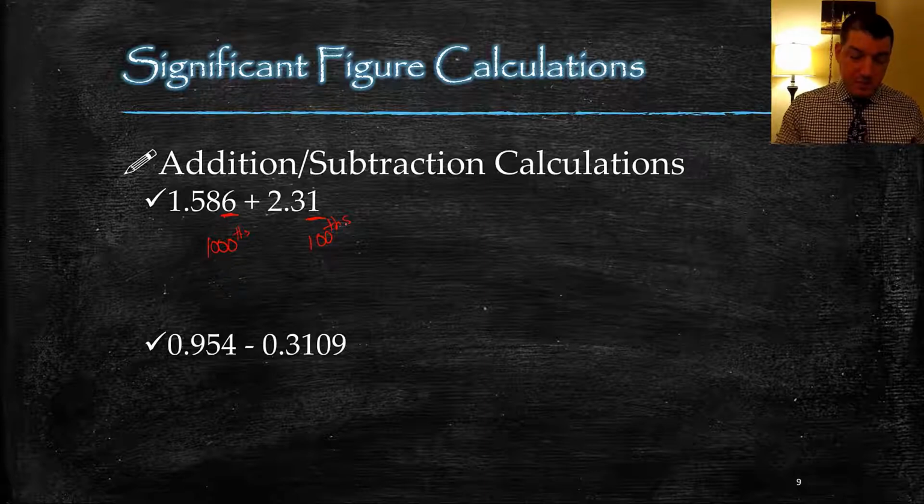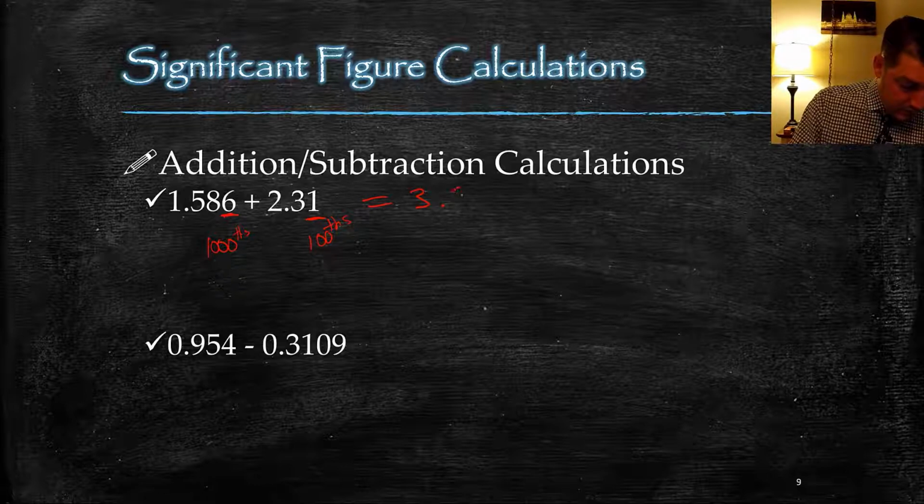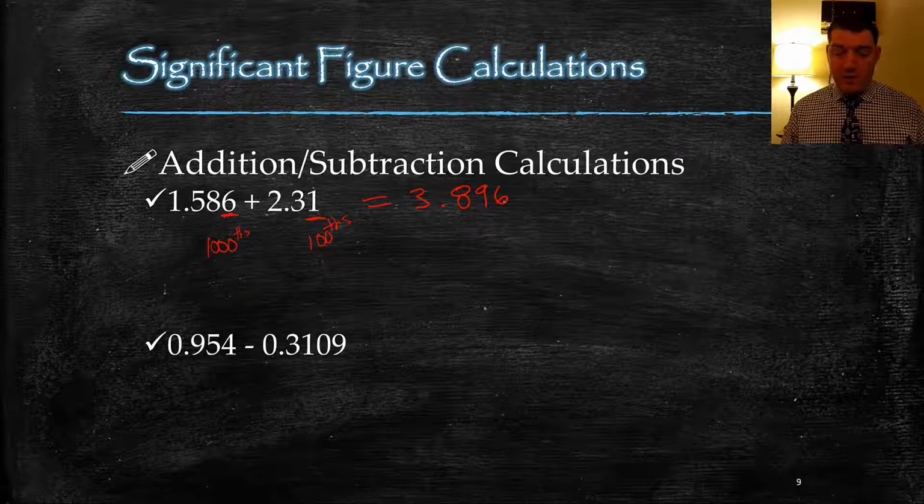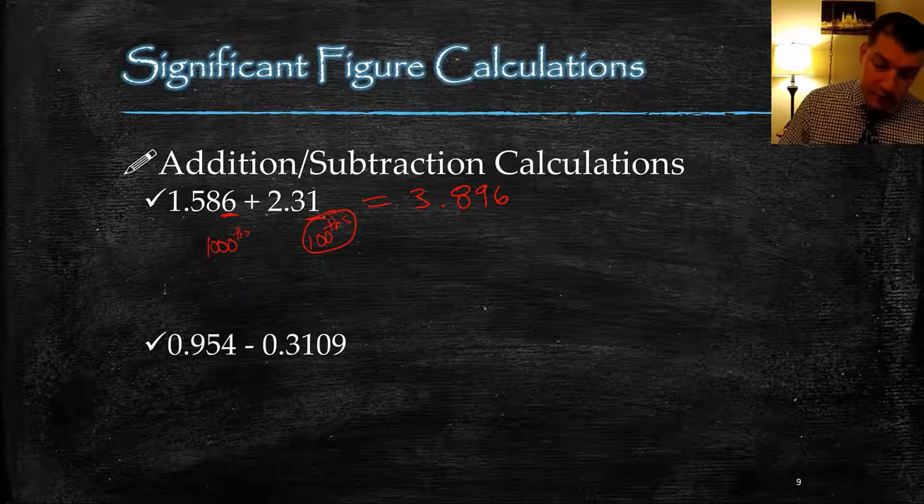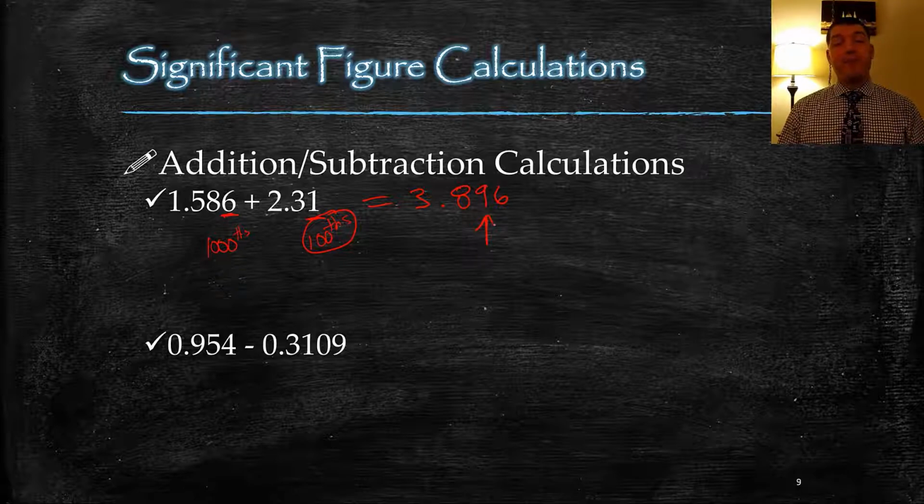So first we sum up the two numbers. We get the answer. Then we have to figure out which place value we're rounding to. We're rounding to the hundredths. At the hundredths is a 9. After the 9 is a 6, so we round up. Now if you round 9 up, you get 10.